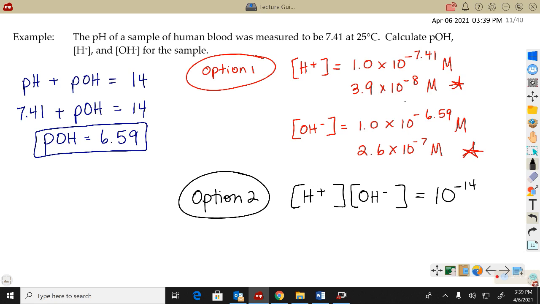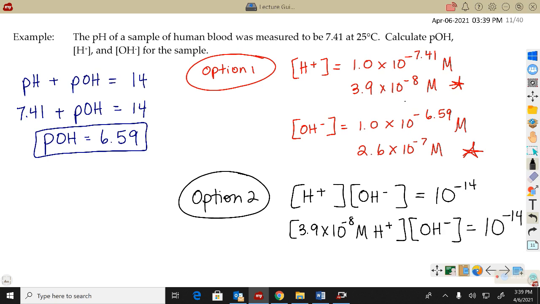So let's say you knew the hydrogen concentration, or like here, maybe I already calculated the hydrogen concentration. You could just say then 3.9 times 10 to the negative 8th molar hydrogen. And then I'm going to solve for hydroxide. And I know together they're 10 to the negative 14th. So this might come in handy if we would have been given the hydrogen concentration, and from there they wanted me to calculate the pOH or determine the hydroxide.